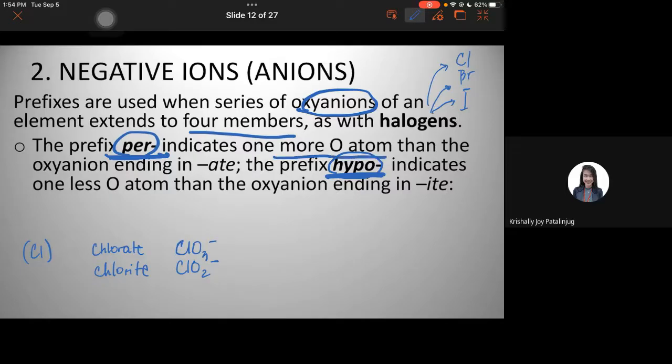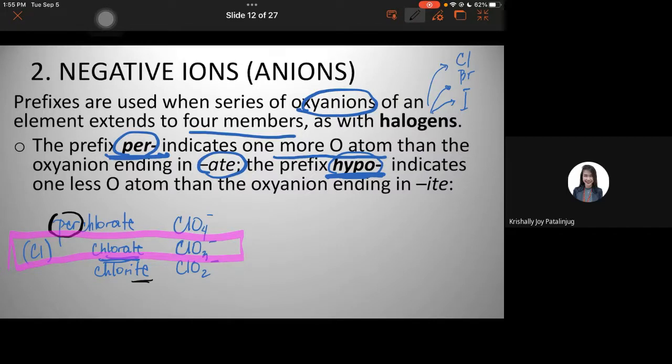It is one more oxygen atom from the ate form. So meaning from ClO3, if it becomes ClO4 negative, that's the time you add the prefix per to the name chlorate. So that becomes perchlorate. All right? So it still boils down to memorize only the common oxyanion. Then just know when is per being used, when it becomes ite.